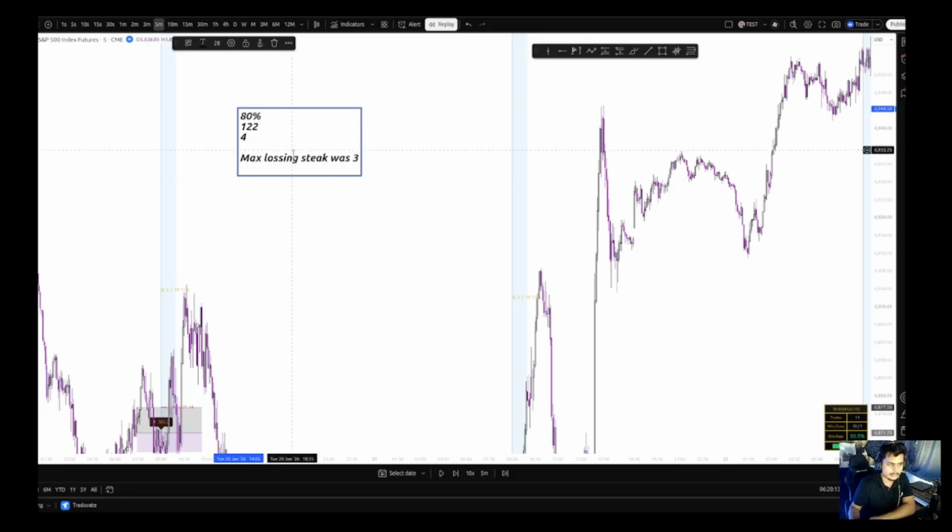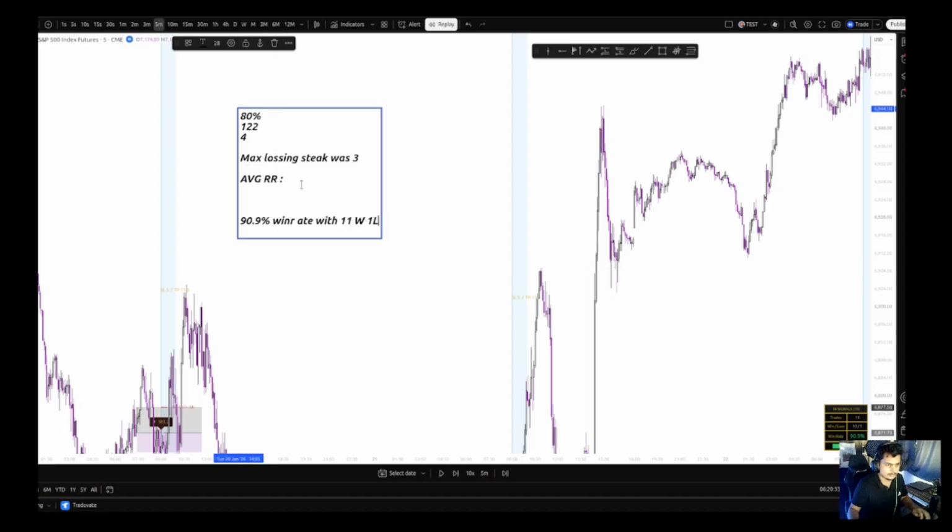So the average RR is... From this session itself, we had a 90.9% win rate with 11W 1L. So the average RR, I'm just searching here.